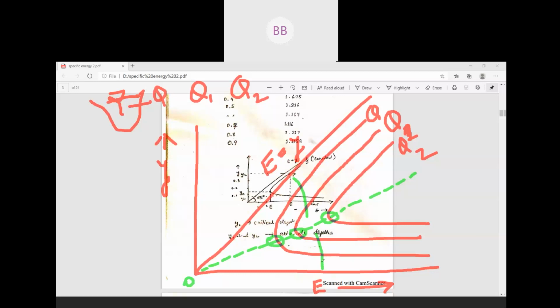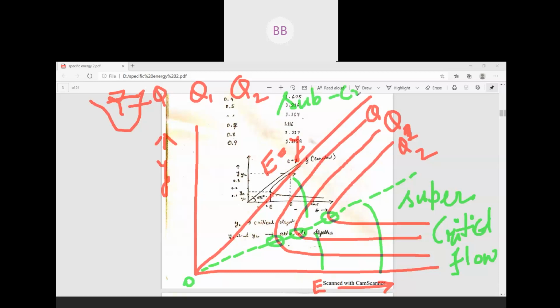Then this lower portion is called supercritical flow, or you can say supercritical depth. And the upper portion you can say is subcritical flow.